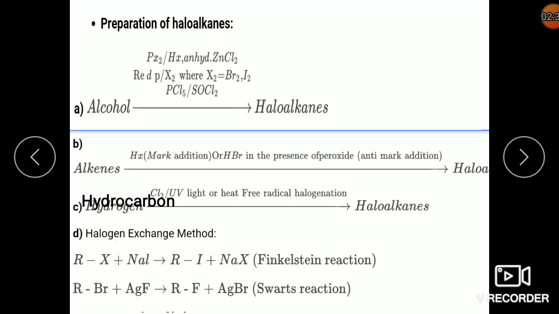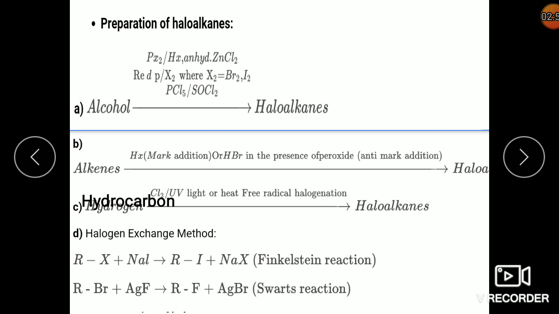Now we'll see the preparation of haloalkanes and haloarenes. The first preparation is from alcohol. We'll try to derive haloalkane from alcohol. The process can be done by using a variety of reagents such as PX3, that means phosphorus halide.